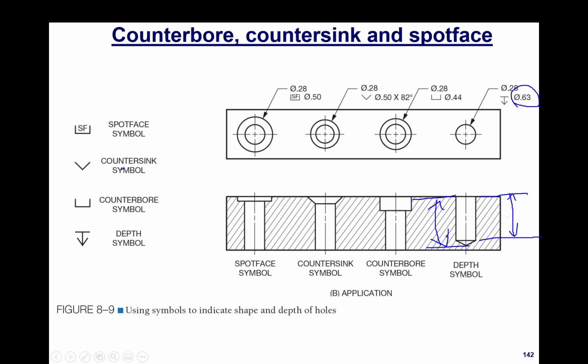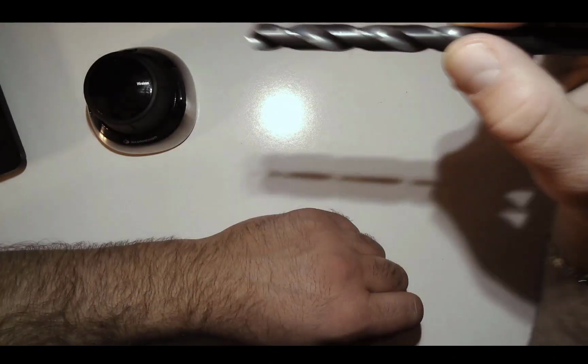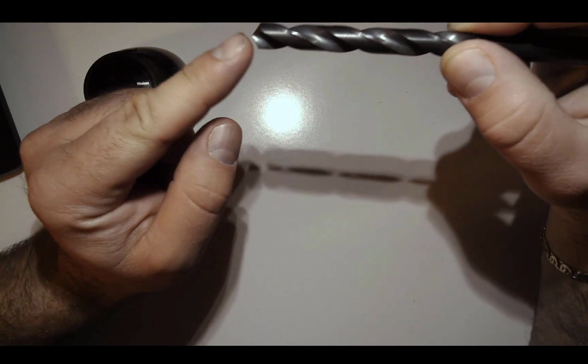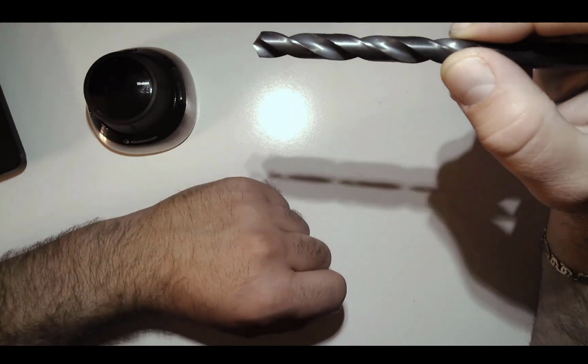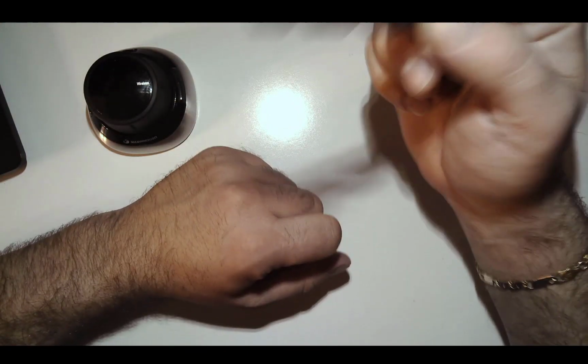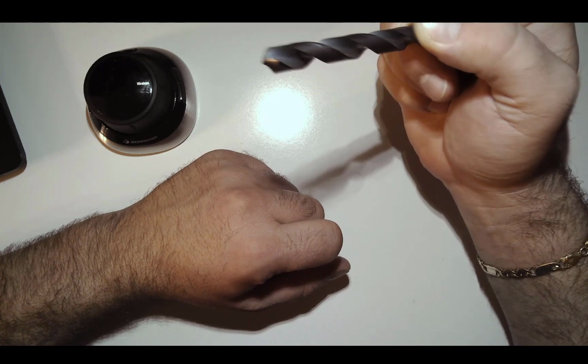While you're thinking, let me switch over to my trusty camera. So here's just a typical drill, and this drill has a drill point, and it has basically a conical shape to it.